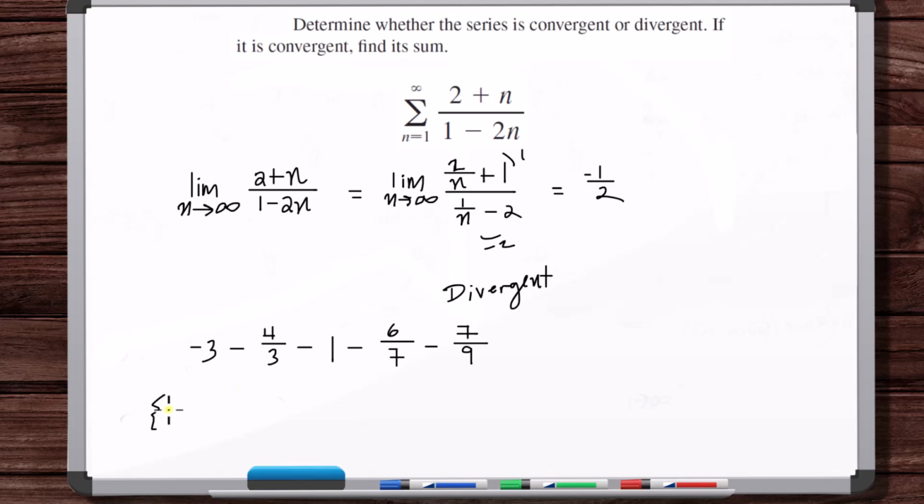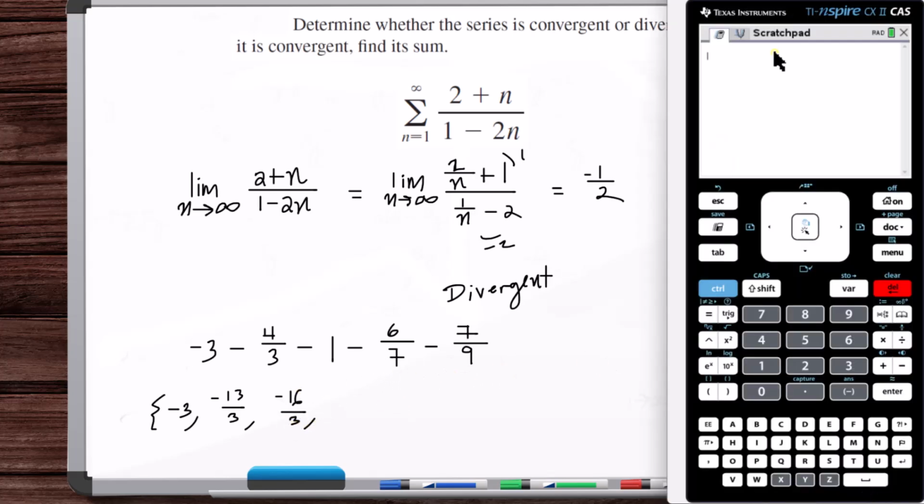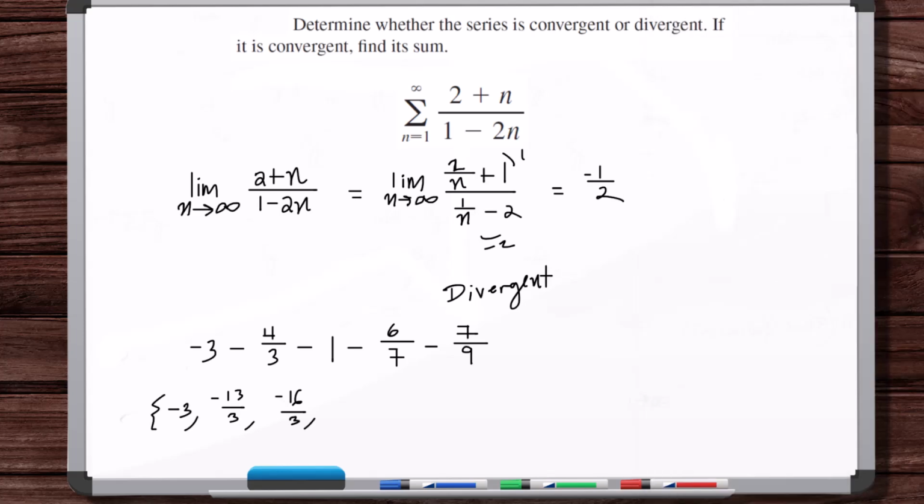Okay, so the S sub n is minus 3. Then minus 3 minus 4/3 is minus 9/3 minus 4/3, so minus 13/3. Minus 1, so minus 13/3 minus 3 over 3 is minus 16/3. Minus 16/3 minus 6/7. Let me get the calculator out here. So that's minus 130 over 21.